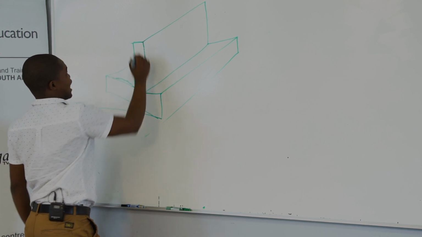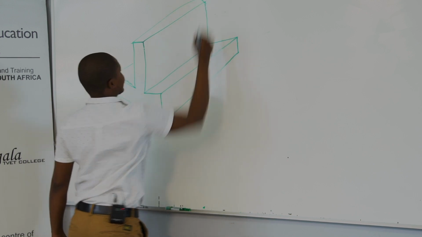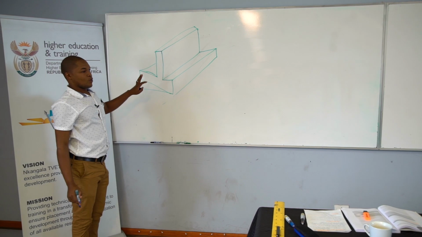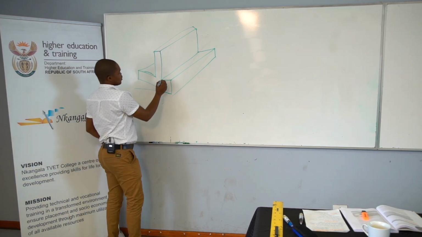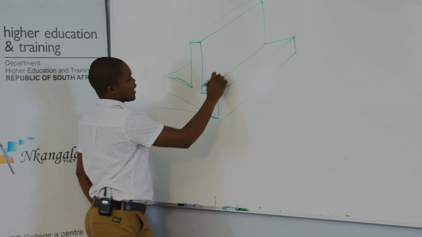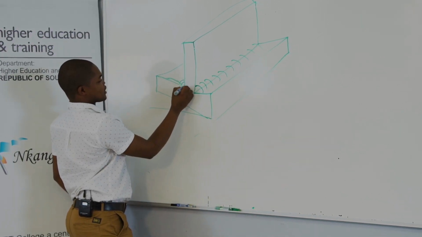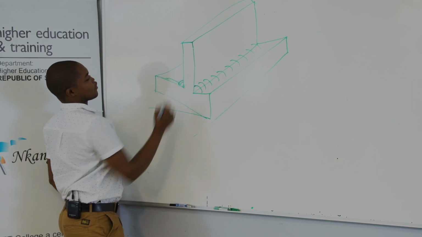So this is now our fillet joint. So how do we avoid distortion on a fillet joint? What they say is that you can also weld on this side and weld on this side, on both sides of the workpiece.